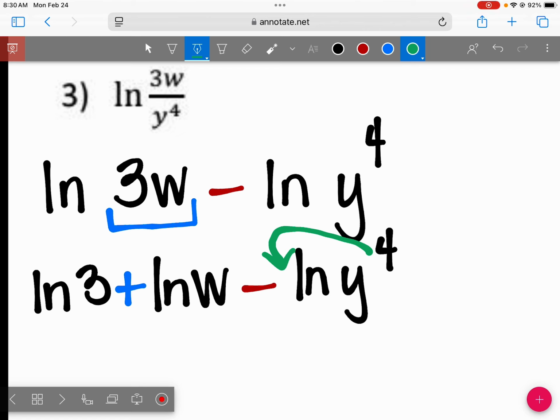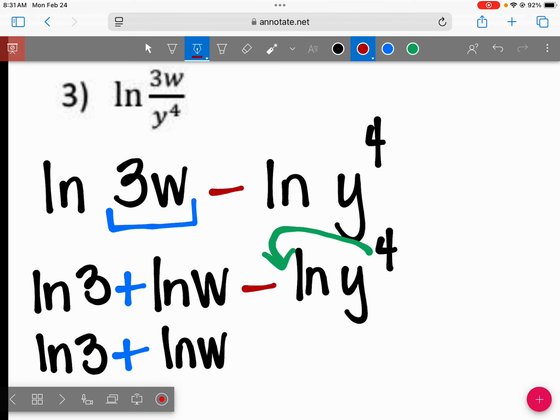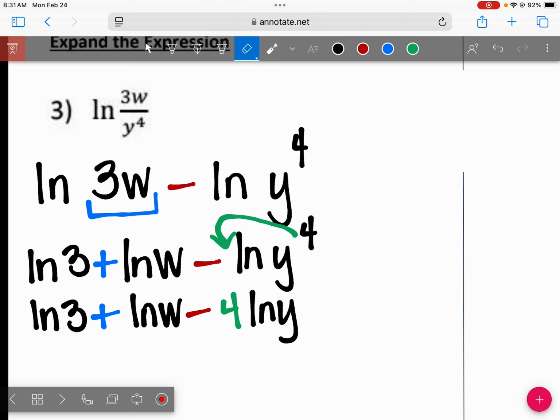So that's going to give us the natural log of 3 plus the natural log of w minus 4 times the natural log of y. And that is your final answer.